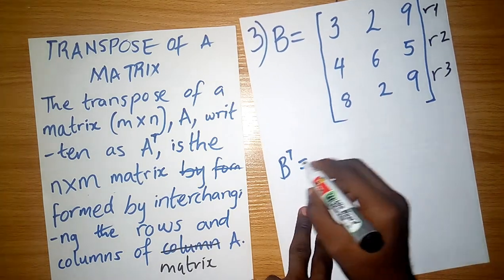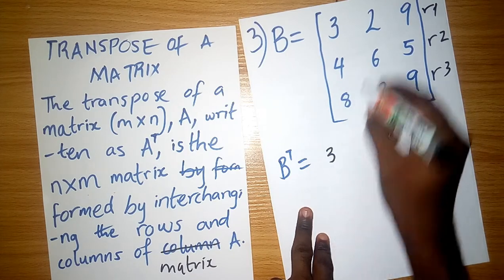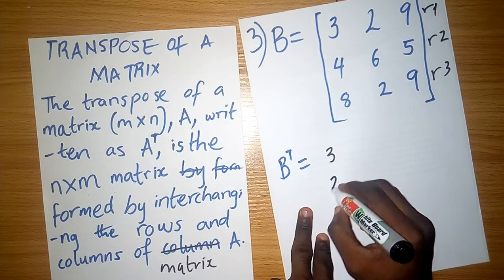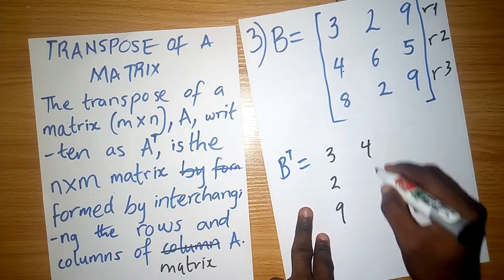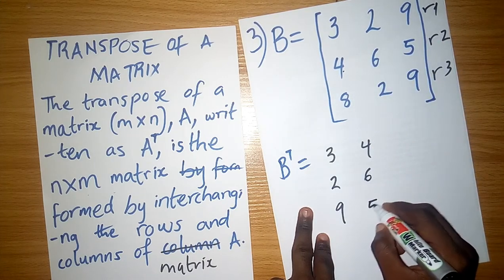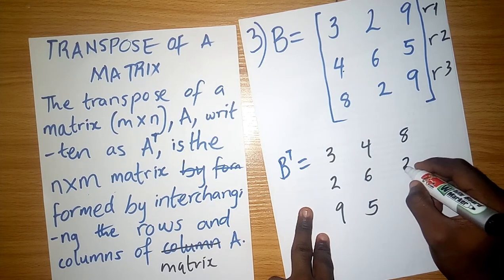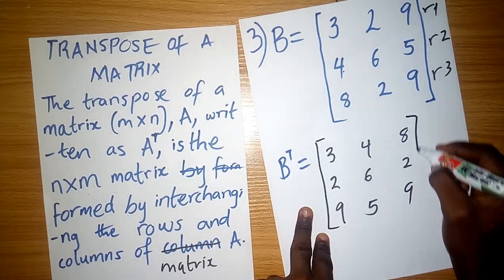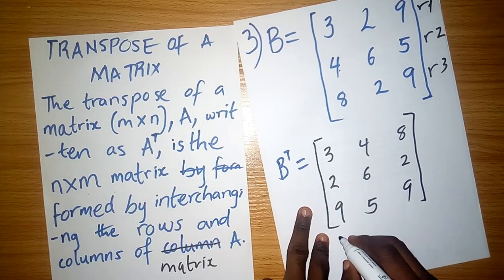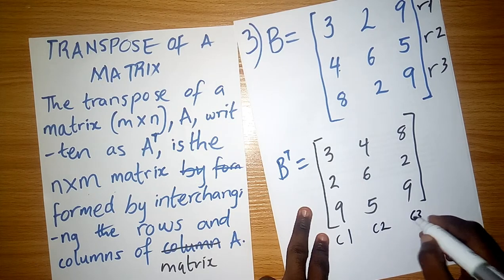So our transpose of matrix B will now become 3 2 9, 4 6 5, and then 8 2 9. These are column 1, column 2, column 3.